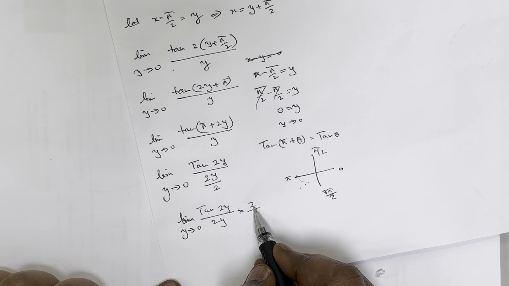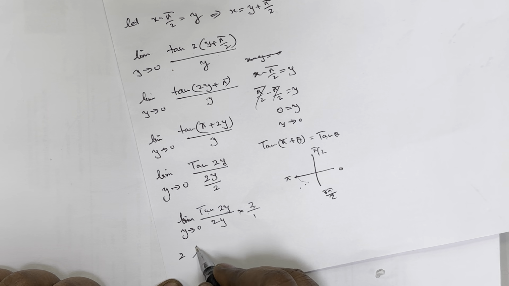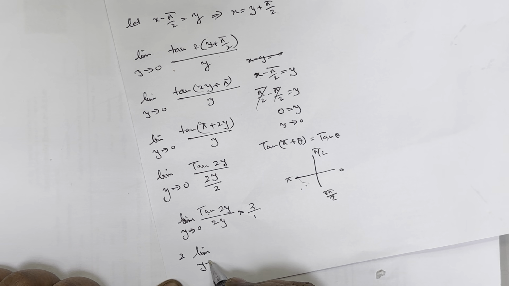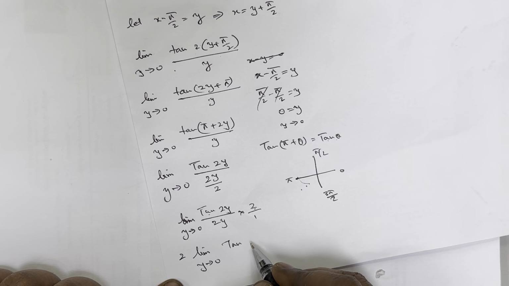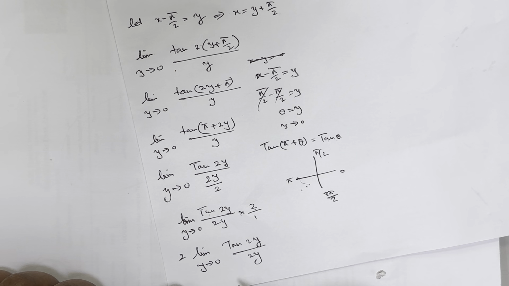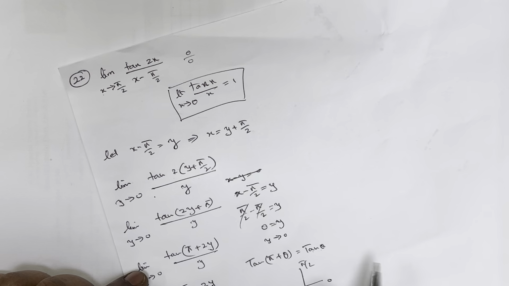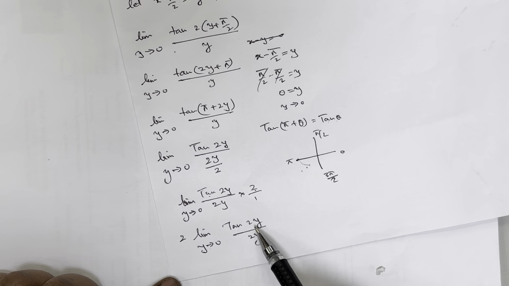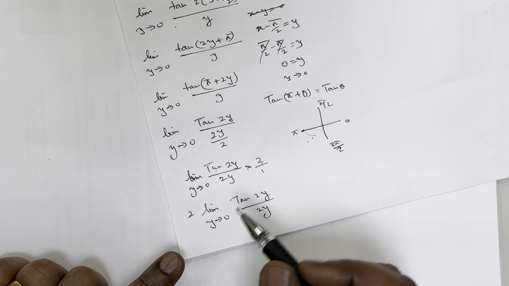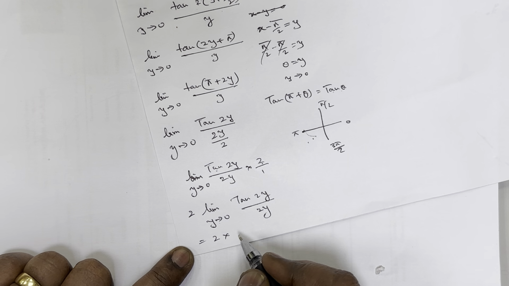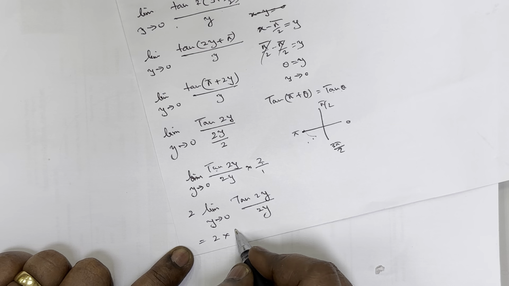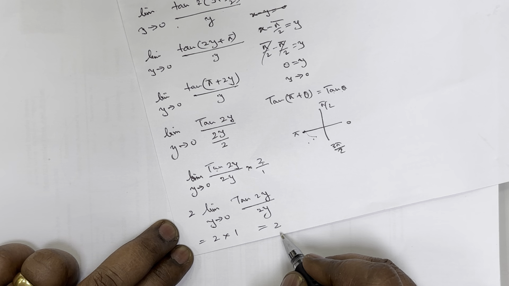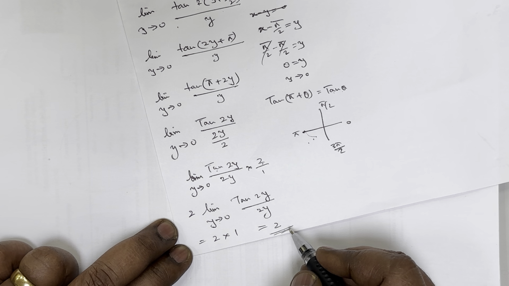Now let's bring the 2 out of the limit, so it becomes 2 times limit y tends to 0 of tan 2y upon 2y. Now see, this resembles the exact theorem. Applying the value of y, you get 0 upon 0, which is 1. So you will get 2 multiplied by this whole thing becoming 1, which is equal to 2. So this is the answer.